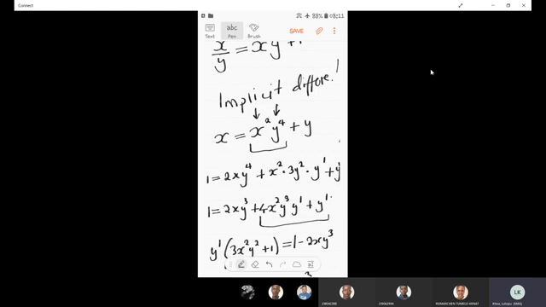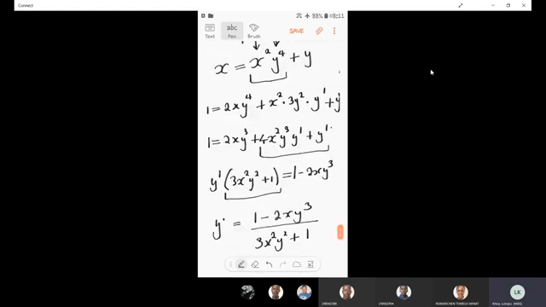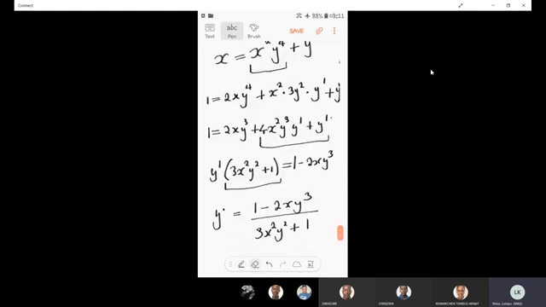I'm left with the 3. So this should be a 4, and that's a 3. Okay, I think now it's fine. So 4x squared y cubed plus 1.